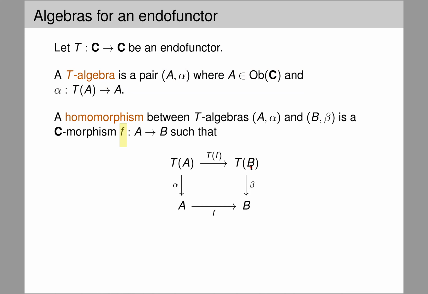Instead of considering a signature and then algebras as structured sets where the structure is the signature, we simply throw all the terms over A in a bag and just tell how an algebra evaluates terms, and that's T of A. Alpha is precisely an evaluation map in a particular algebra. So it's the same thing. We are speaking about the same objects, but using a different language. So this is how we treat algebras in category theory.